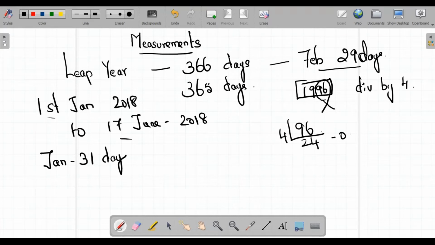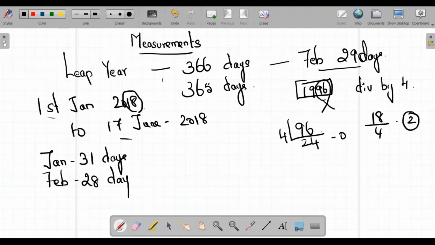Now in order to talk about February, I need to know if it is a leap year or not. The last two digits of 2018 are 18. 18 is not divisible by 4 because 4 4s are 16, 4 5s are 20, which means you get a remainder 2. So this is not a leap year. Therefore, February has 28 days. Then you have March, which has 31 days.